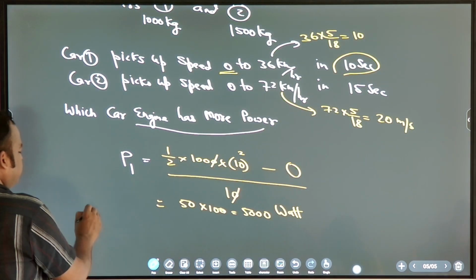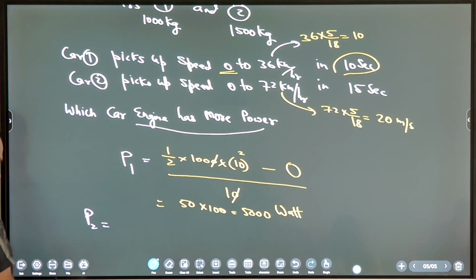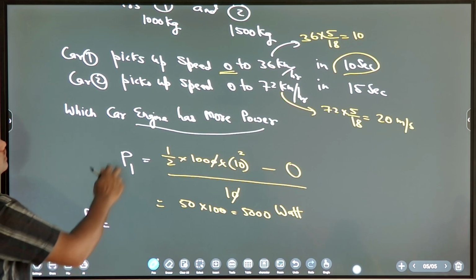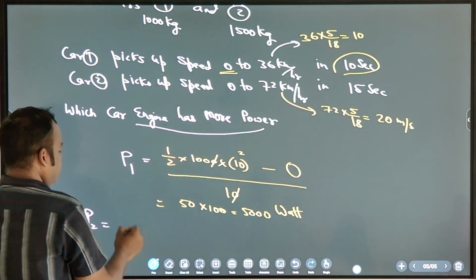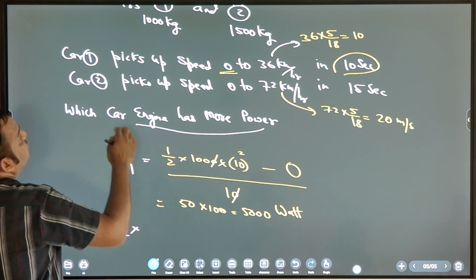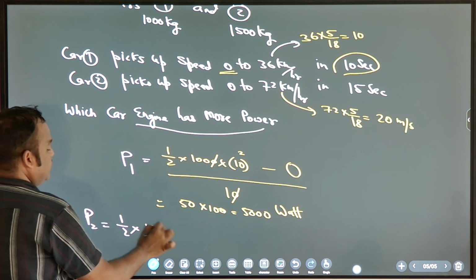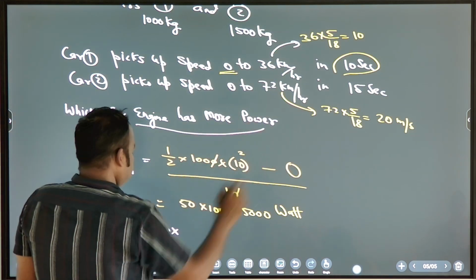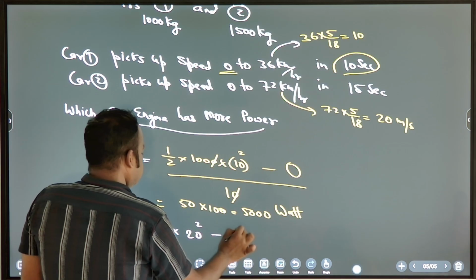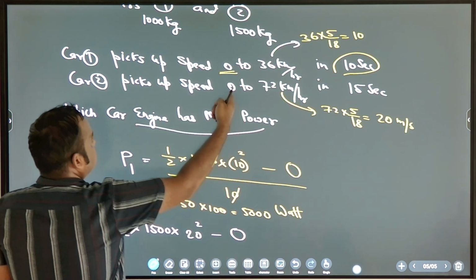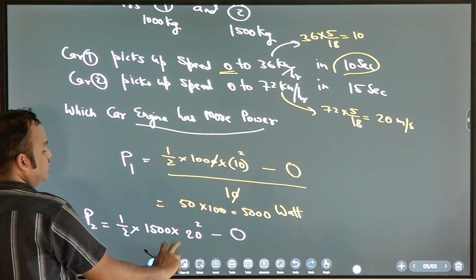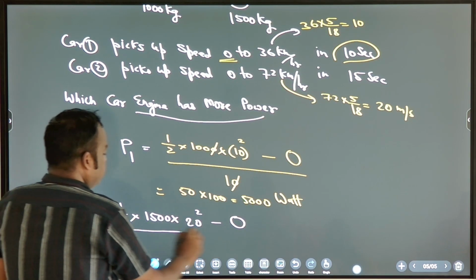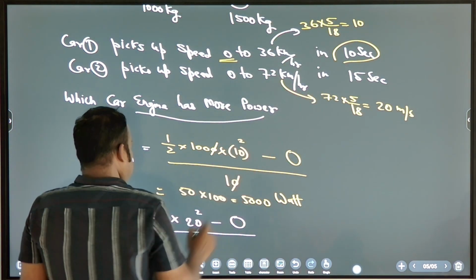Now calculate the power delivered by car 2. Half mass is 1500, the final speed is 20, and the initial speed is 0, so the initial kinetic energy is 0, and the time taken is 15.